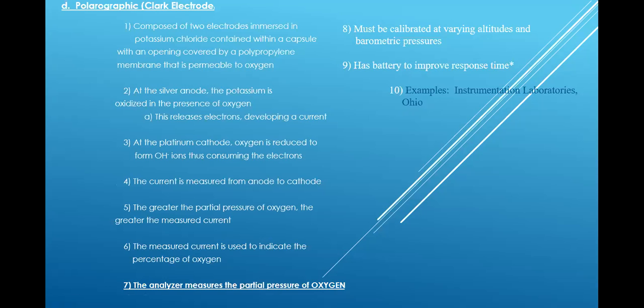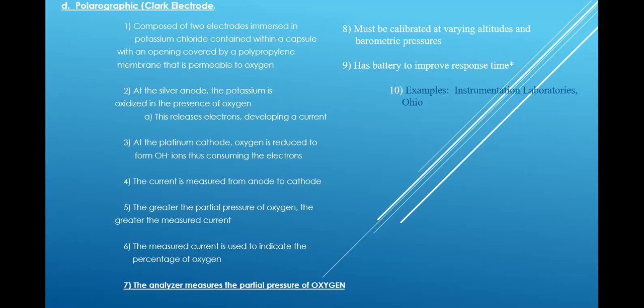Now let's talk about the polarographic. Polarographic is also known as the Clark Electrode. It's composed of two electrodes immersed in a potassium chloride contained within a capsule with an opening covered by a polypropylene membrane that is permeable to oxygen, just like the other one. At the silver anode, the potassium is oxidized in the presence of oxygen. This releases electrons, developing a current.